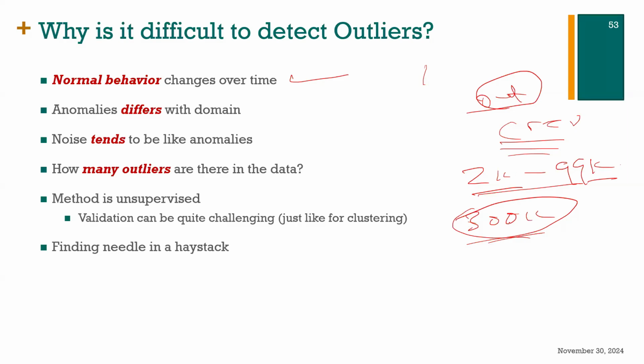So in such a situation, 300K is an outlier, but we need that outlier to be modeled so that we can build a model that can identify outliers in future.